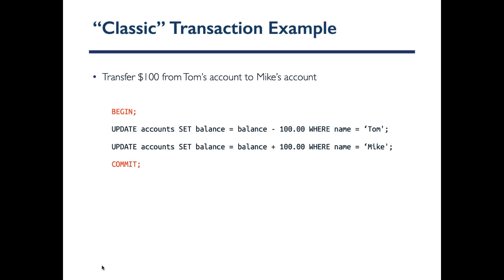Here is a very classic example where you want to transfer X amount of dollars from someone's account to someone else's account, and you want this to appear as a transaction. So either both of these happen or none of them happens. You don't want a situation where just one of the two happens.